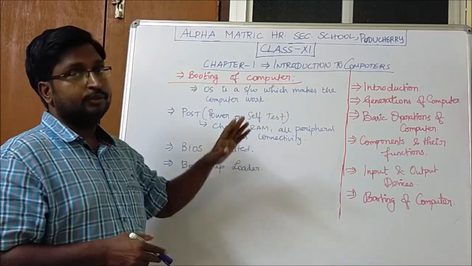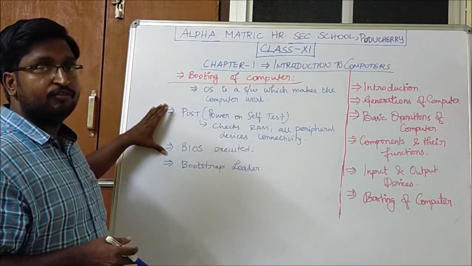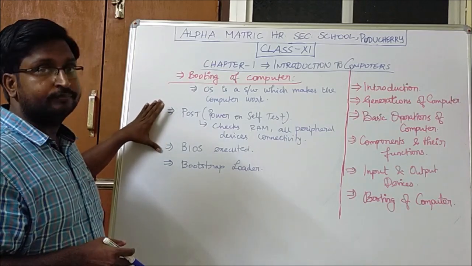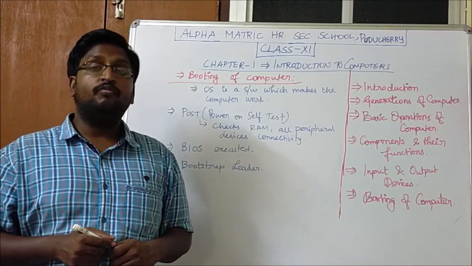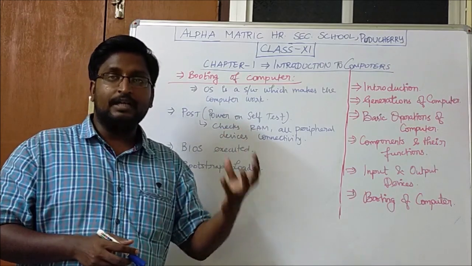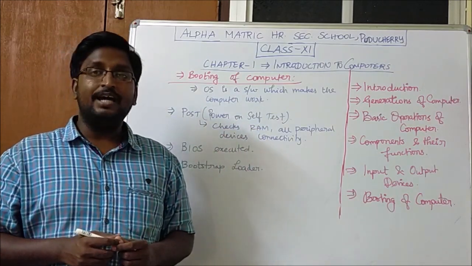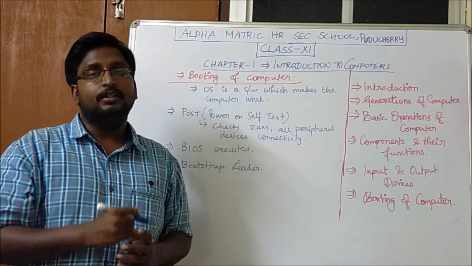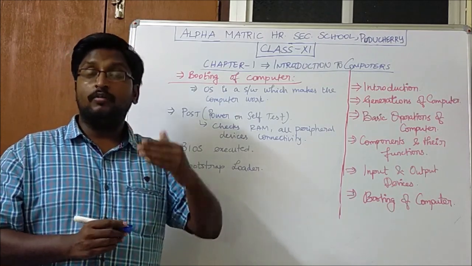The BIOS will be executed. These two processes come under booting. After the completion of this, the bootstrap loader will execute, where the OS gets transferred from the hard disk to the main memory, the RAM. From there the OS started executing. So this is all about the booting of a computer.